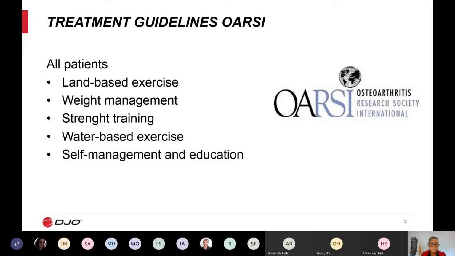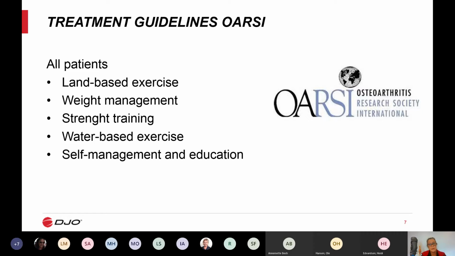And for example, doing exercises in water is very good because you offload the entire knee, but you can still use your muscles. And of course, what is very important is that you self-manage and educate yourself about OA and what's good for you and what's not good for you.